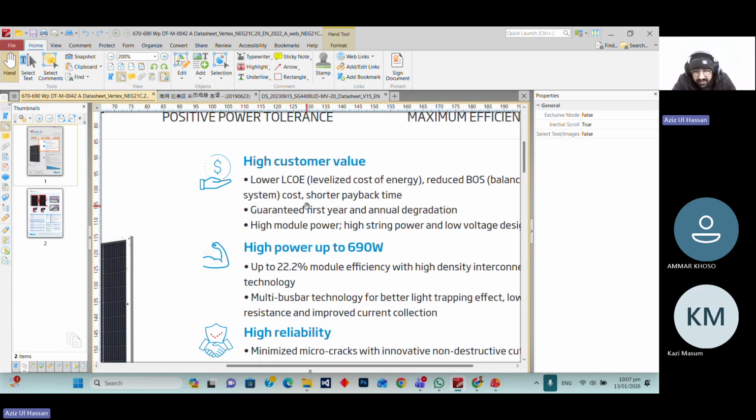For the P-type, the LID factor is around 1.6%, but for the N-type PV module, the LID factor is 0.6%. So they have a 1% difference. But the annual degradation is around the same, like 0.4, 0.35.